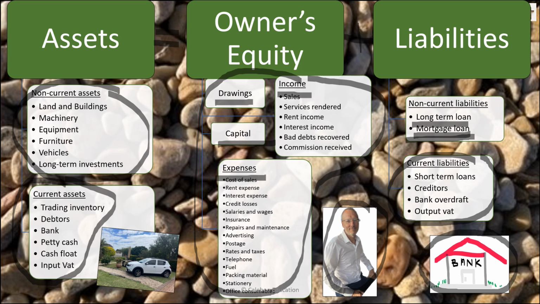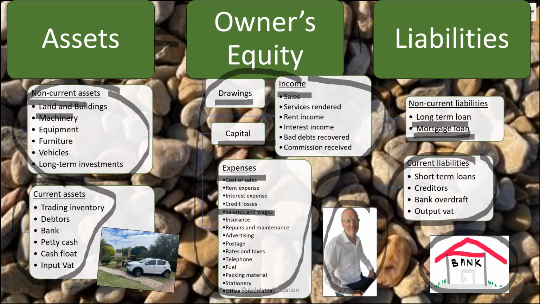There might be more, but this is a good summary of which accounts are classified where. Land and buildings, it's a non-current asset. Bad debts, which is credit losses, falls under expenses. It's a good document to know really well, but even better if you know the definitions of all these classes.